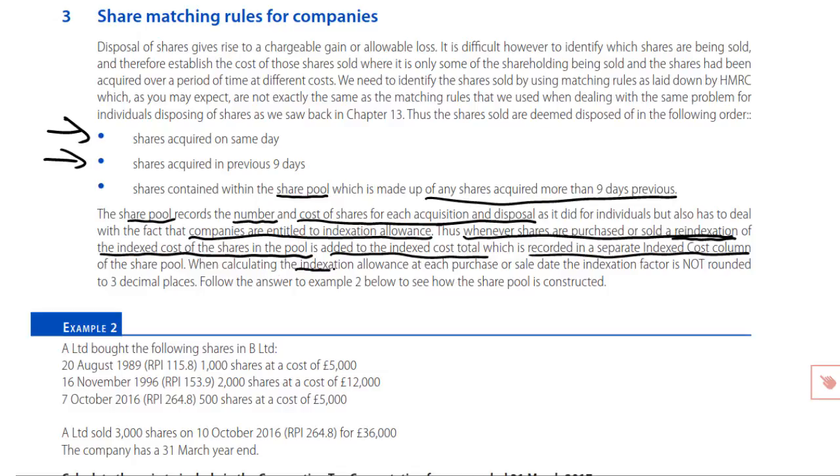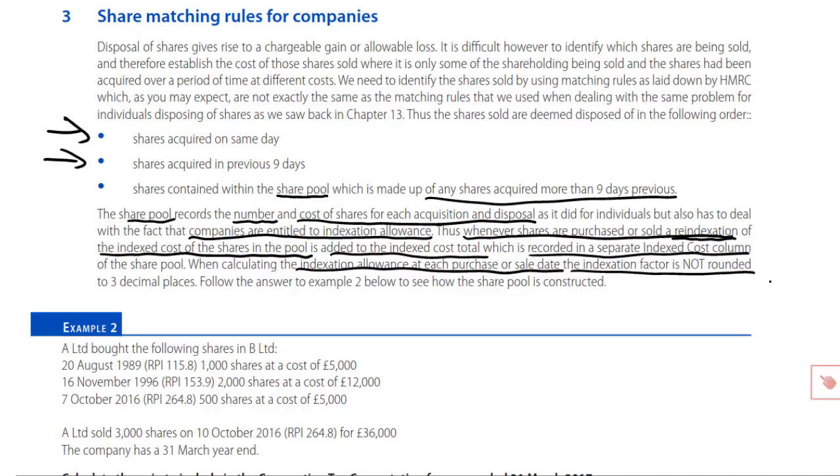When calculating the indexation allowance at each purchase or sale date, we now have the one time where we abandon our normal rule of indexation, which was to round an indexation factor to the nearest third decimal place. Now the indexation factor is not rounded. This makes it even easier.